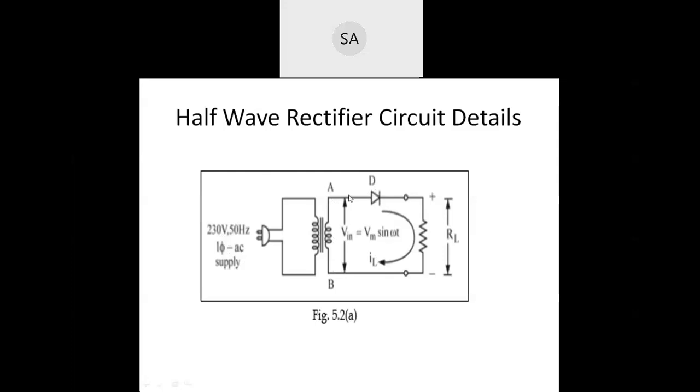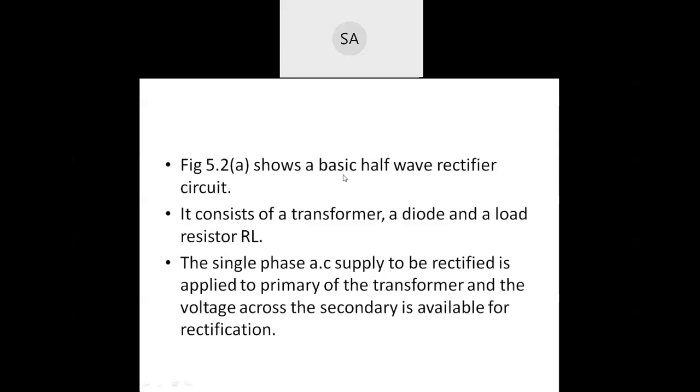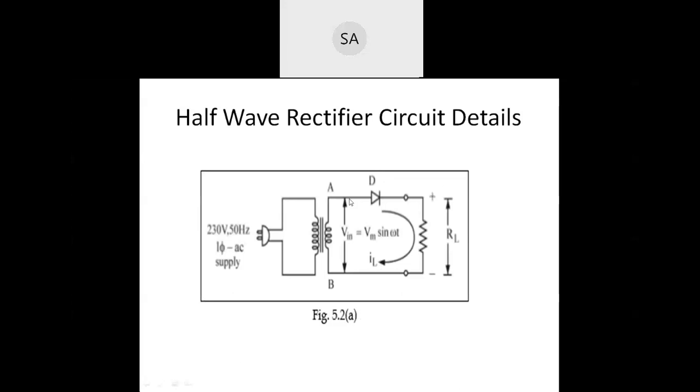So with this negative potential, this anode potential is lesser than this cathode potential. So the diode will be reverse biased and it will act as an open circuit.